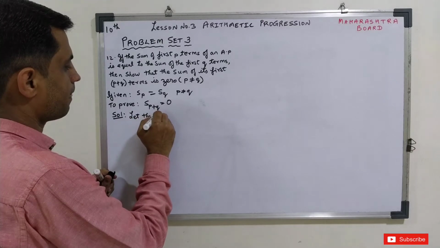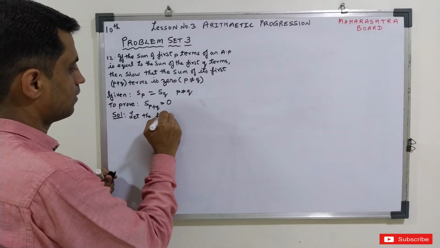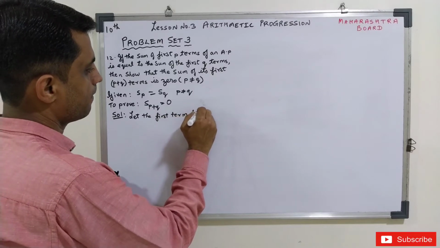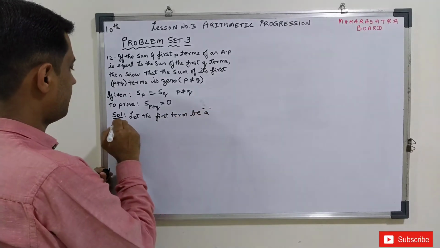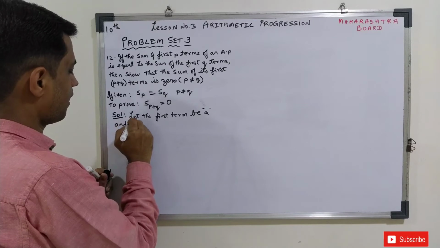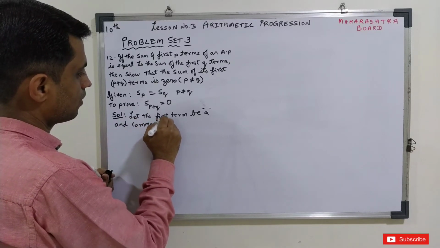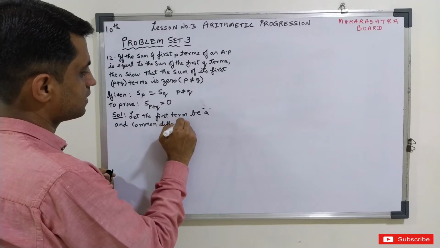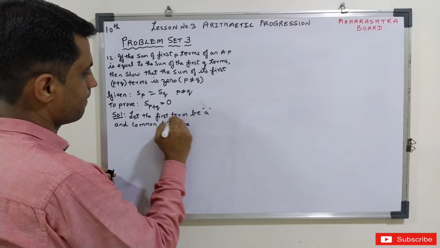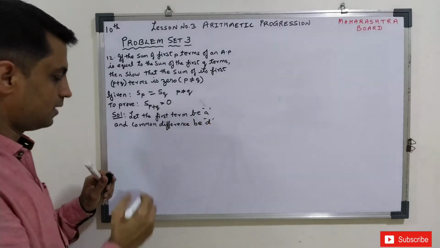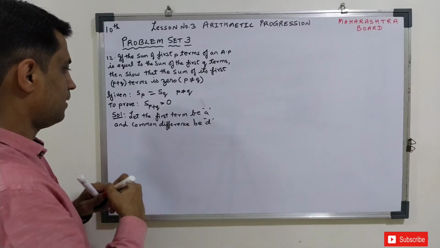Let the first term be A and the common difference be D. Now we will write the formula.